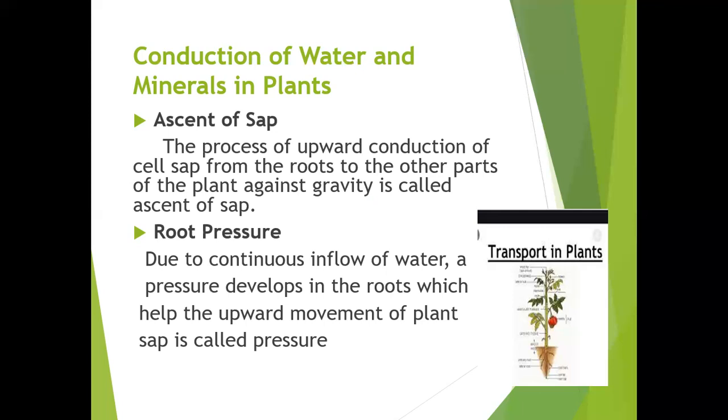Now the next is root pressure. The continuous inflow of absorbed water by the root hairs causes an accumulation of mineral salts in the xylem, as a result of which the concentration of water gets reduced in the xylem.